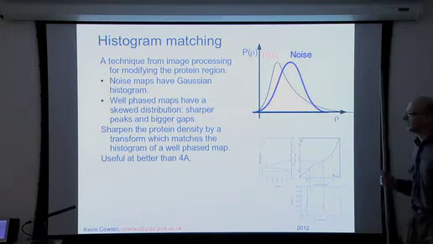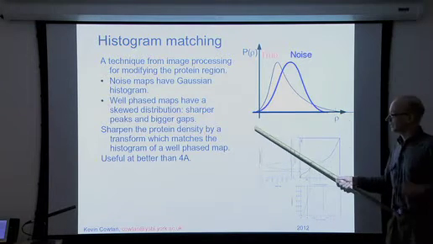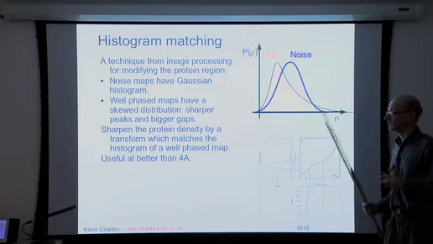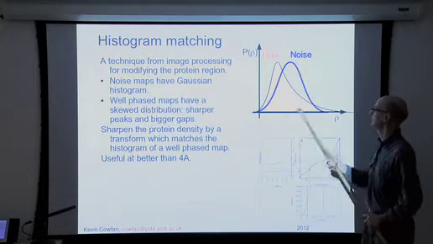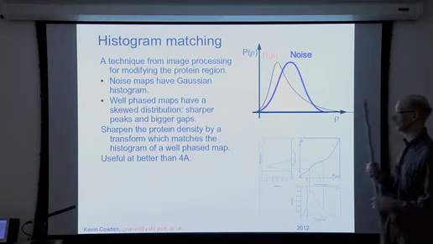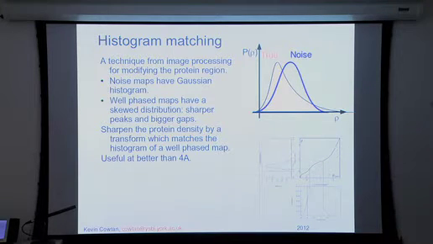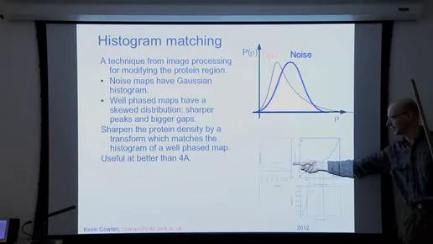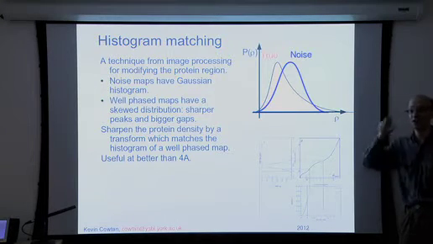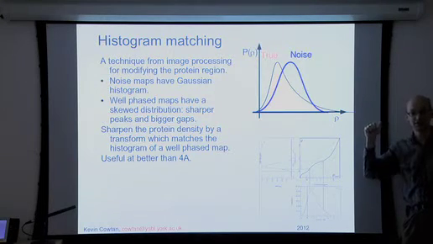So what we can do is sharpen the electron density in the protein region using a transformation which matches our initial histogram to what we expect it should be. This is histogram matching. Here's a little picture if you're interested of how it works. We just apply a monotonically increasing curve which transforms one histogram into the other whilst keeping all the points in order.